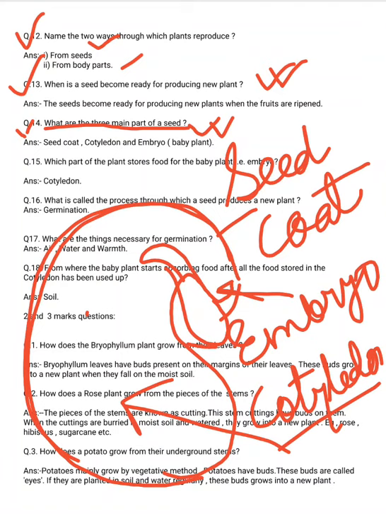So when a seed initially grows, the baby plant gets food from the cotyledon, and when the food stored in the cotyledon is used up, the baby plant starts taking food from the soil. This is a very important question: you have to draw the structure of a seed, label the parts, and write the three main parts.